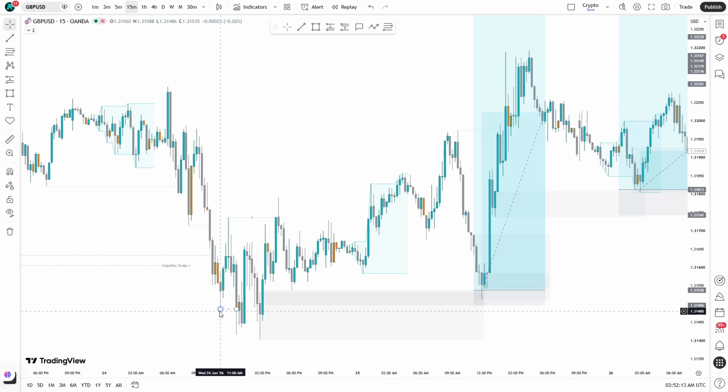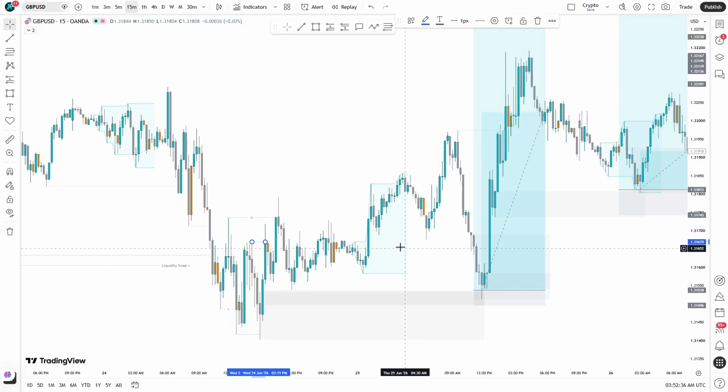Market took out this low, came up with it, but then changed character. In other words, we changed character here, but here the market broke this low and changed character. Why I specifically went for this one is because there was a candle closure. I had an option to short down. That's why I chose this one.